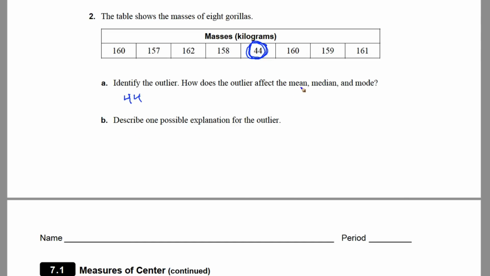How does this affect the mean, median, and mode? It skews the mean, okay, that's what it's called, skews the mean, but it has no effect on the median or mode.